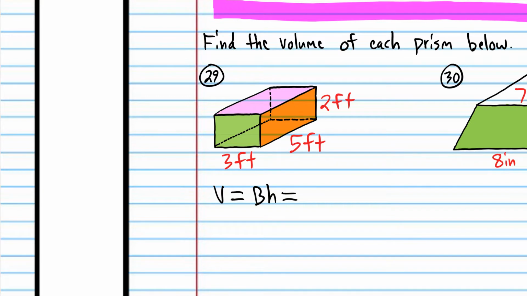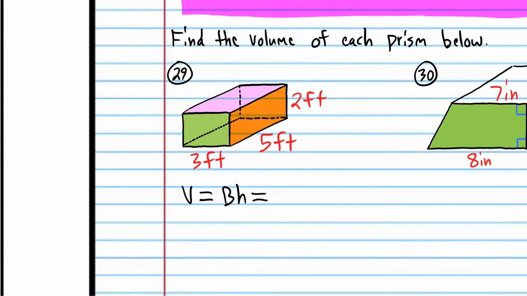So now, just to show you that it works for a rectangular prism, V equals base area times height, and the base is obviously going to be the bottom, so that's going to be length times width. So the base area is 3 times 5, and then the height is obviously 2.